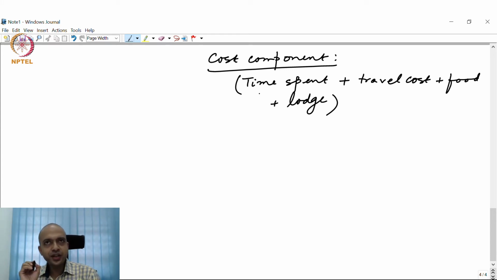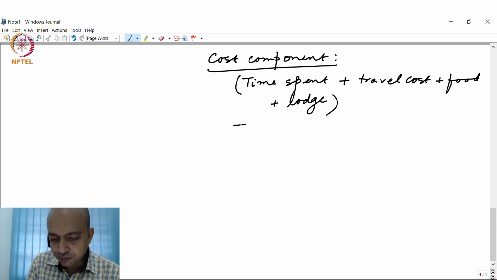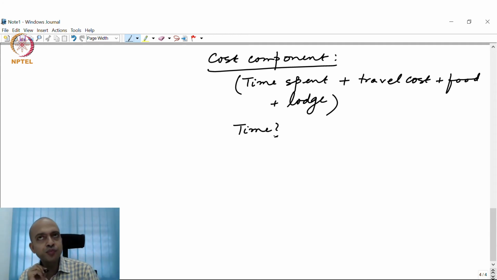Now what is trivial here? Why do we include time? Because in economics we believe that time has some kind of opportunity cost. If you are working in a place, and you spend some amount of your working time to visit that place, that means you are sacrificing some amount of income.